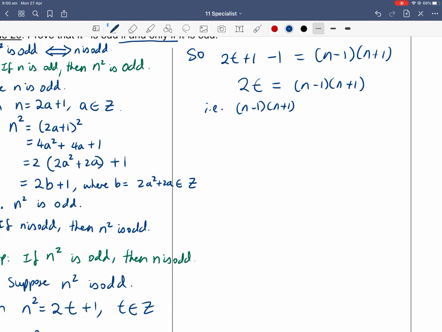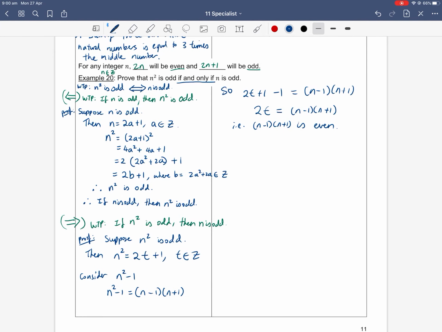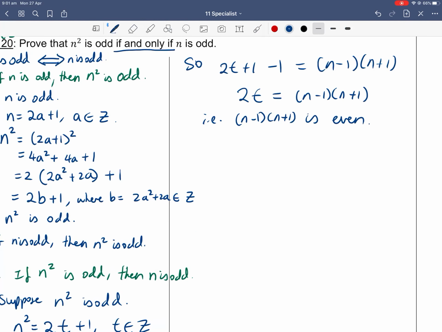So in other words, the product n minus 1 times n plus 1 is even. Why? Because we said that t was an integer, and twice an integer is always an even number because 2 is a factor. So we can say that the product of n minus 1 and n plus 1 is an even number. How does this help us?